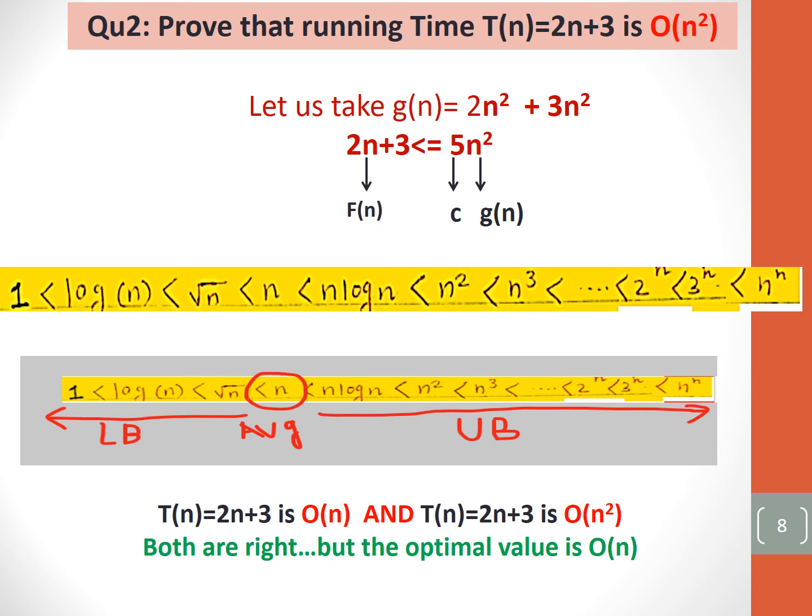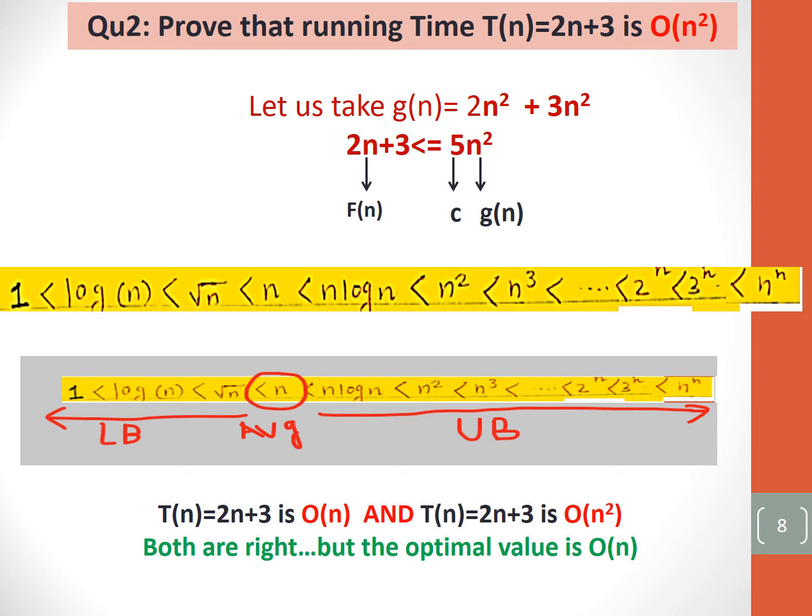Whenever you go to the upper side of the complexity in big O notation, it is right, because you are going to the upper bound side, not the lower bound side, not left. Even if it is true for n, it can be true for n^2, and for n^3 also. Both are right: T(n) = 2n + 3 is O(n), and T(n) = 2n + 3 is O(n^2).